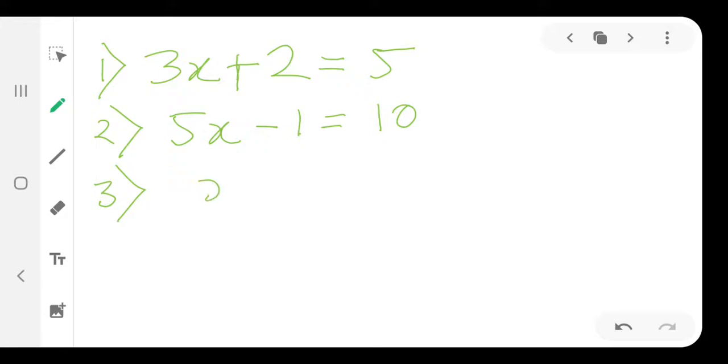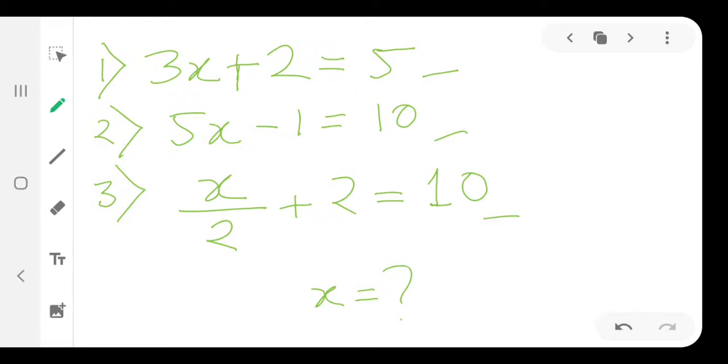Next one is x by 2, now see, division is there, please remember it, plus 2 equal to 10. So like this, you please try these things to find the value of x. What is your motto? To find the value of x.